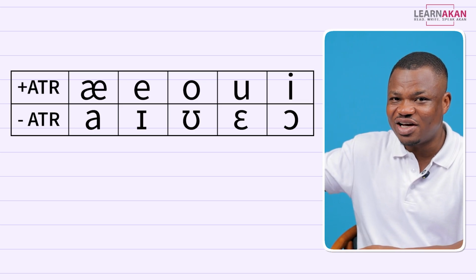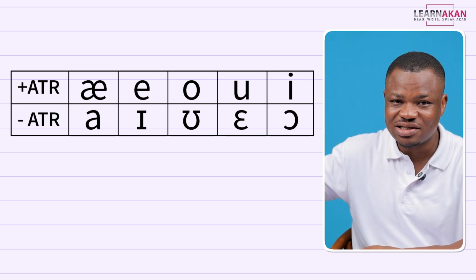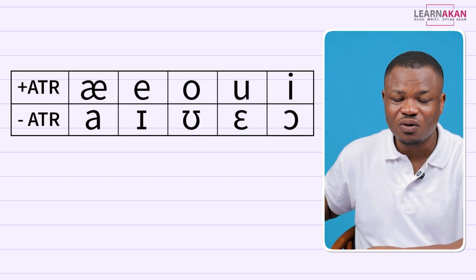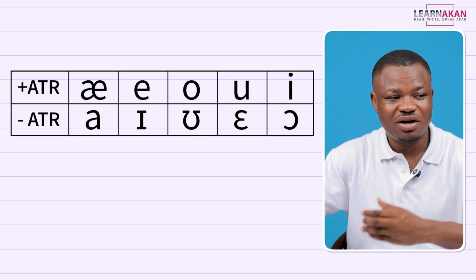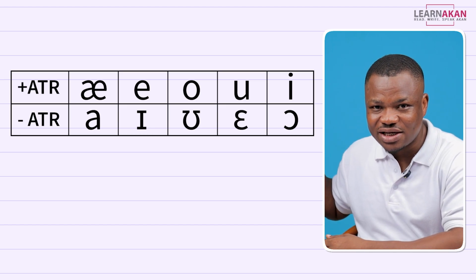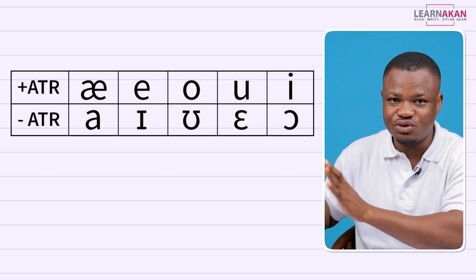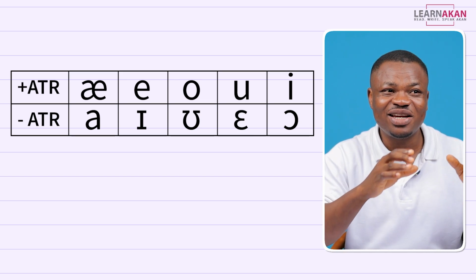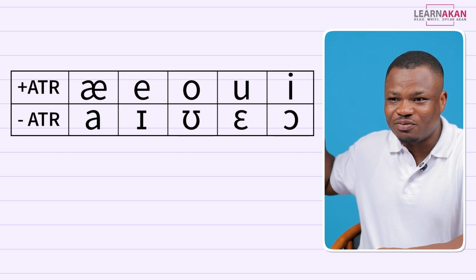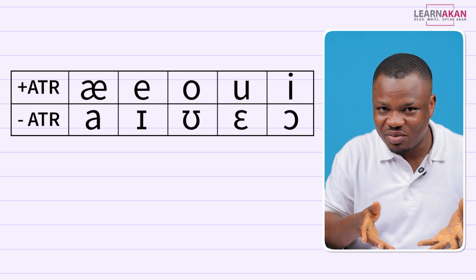So we have the first set of 5, which we call the plus ATR, advanced tongue roots. And then we have the second set, which we call minus ATR, unadvanced tongue roots, okay? So we have the plus ATR set, and then we have the minus ATR set. Just memorize these 2 and you are fine. Now, vowel harmony ensures that as much as possible, vowels from either set do not co-occur within the same environment.